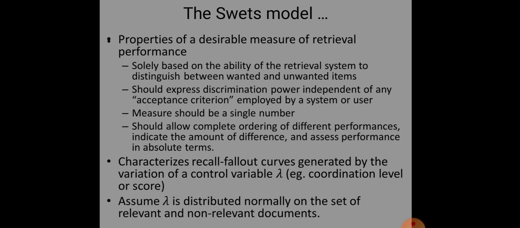Then an IR system should express discrimination power independent of any acceptance criterion employed by a system or user. Then the measurement should be a single number, and it should allow complete ordering of different performances, indicating the amount of difference and assessing performance in absolute terms.